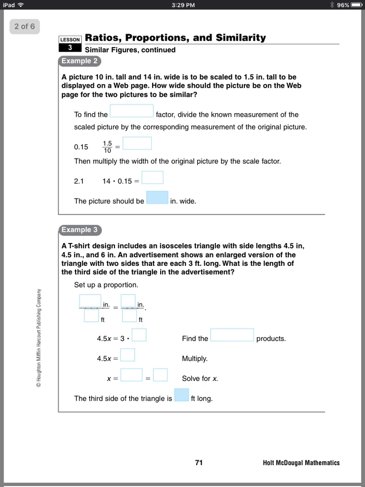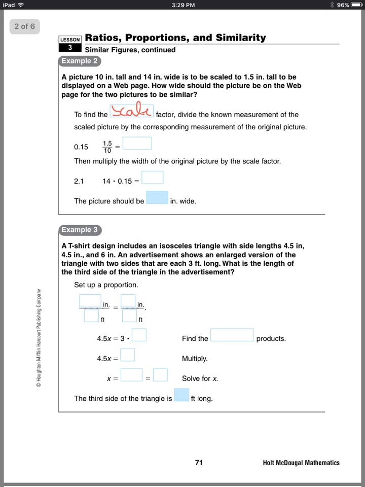A picture 10 inches tall and 14 inches wide is to be scaled to 1.5 inches tall to be displayed on a web page. How wide should the picture be on the web page for the two pictures to be similar? To find the scale factor, divide the known measurement of the scaled picture by the corresponding measurement of the original picture.